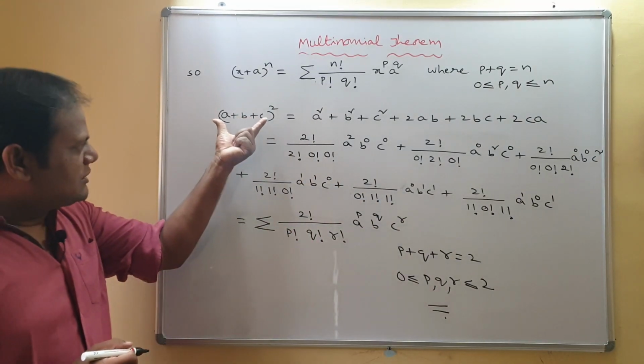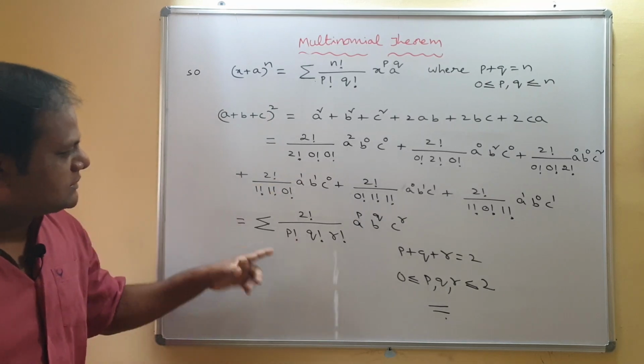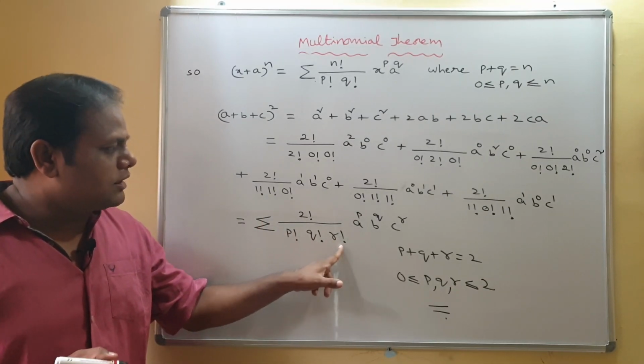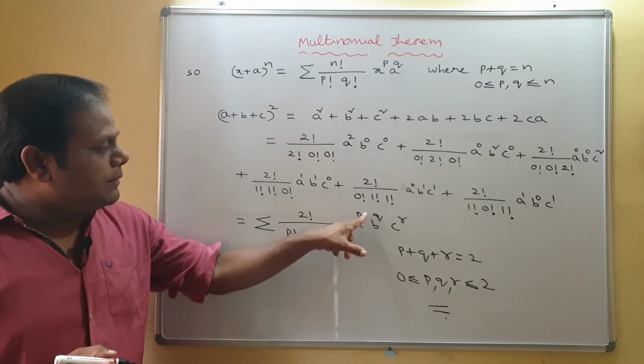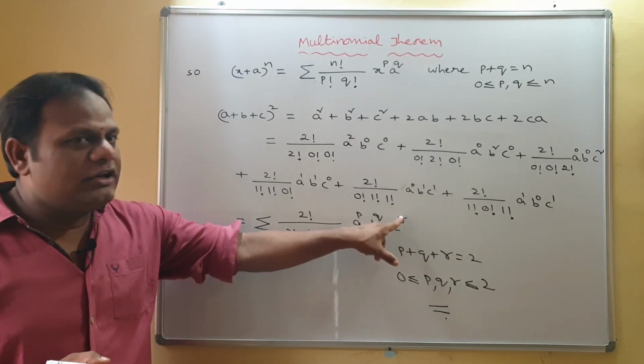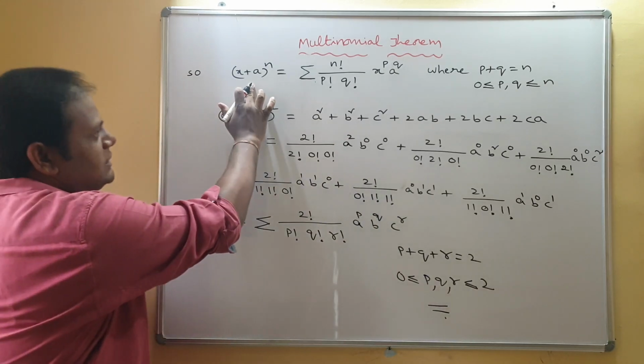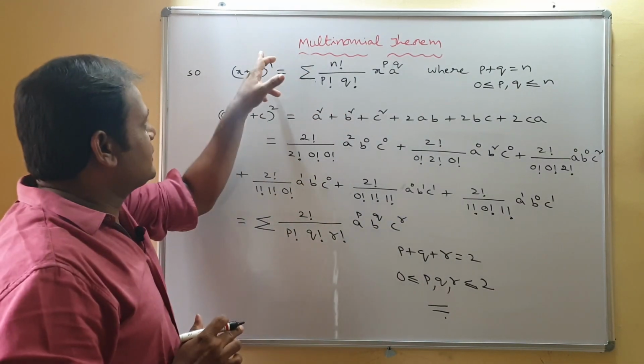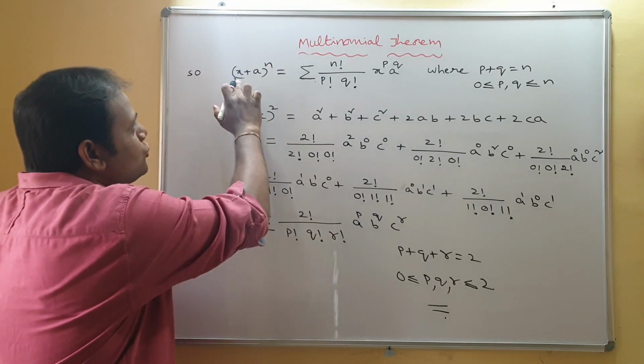So A plus B plus C whole square can be written as sigma 2 factorial by P factorial Q factorial R factorial into A power P, B power Q, C power R. See, we wrote this as N factorial by, power is N. So N factorial by 2 terms only.